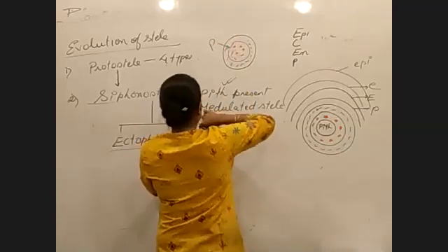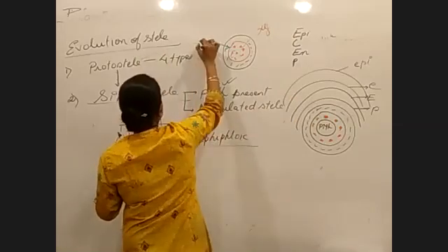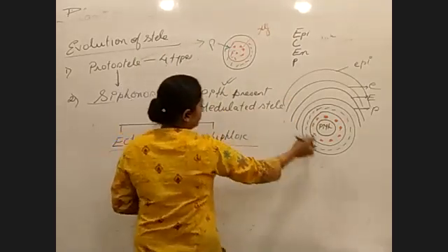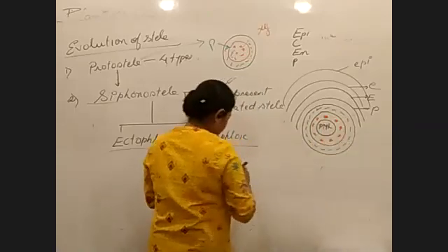This is phloem, this is xylem, in the case of protostele. In the case of Siphonostele, the center-most portion has pith, surrounded by xylem, surrounded by phloem.